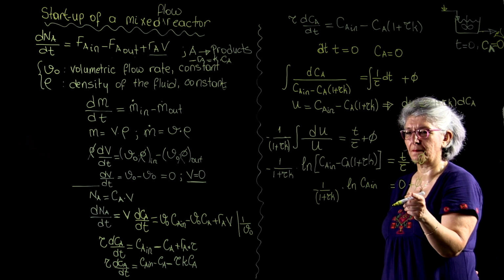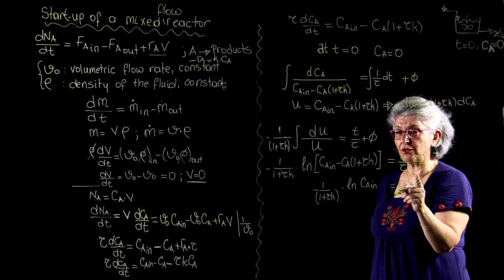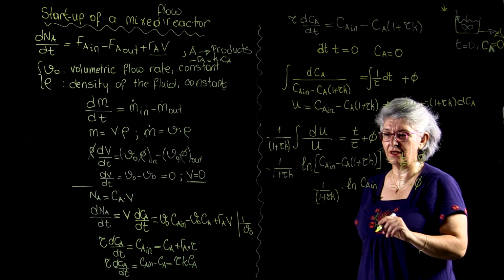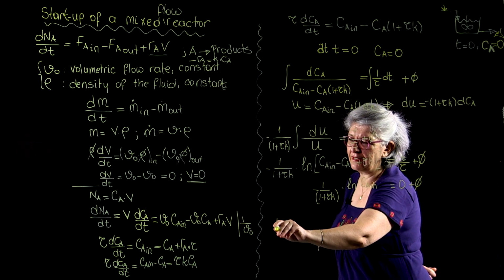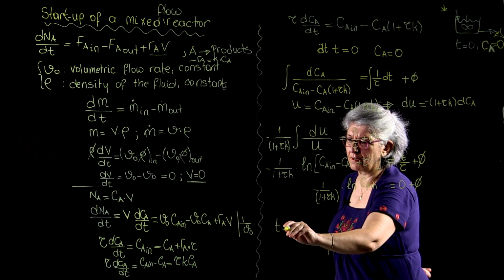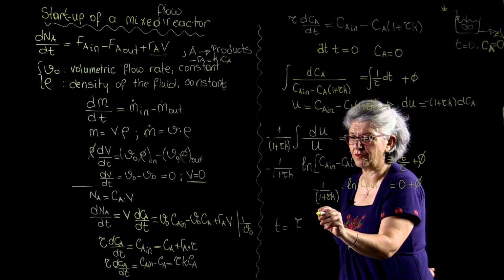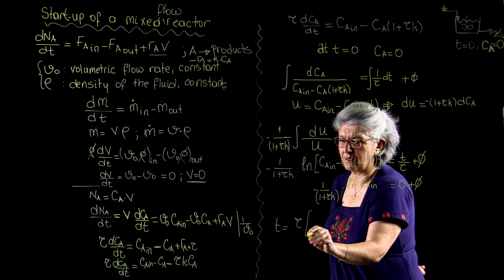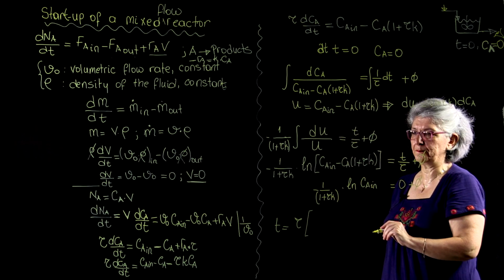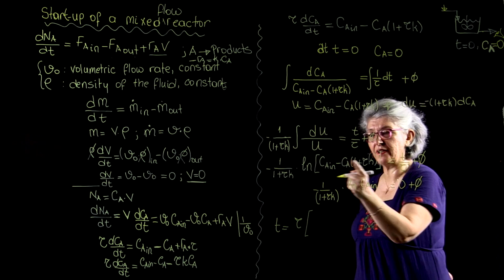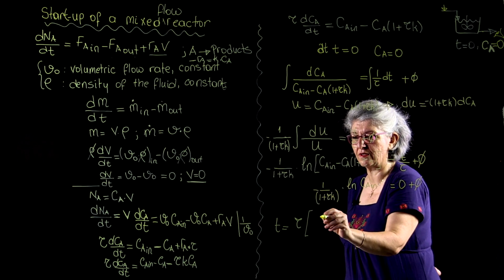Right? So I substitute this for phi, and I have an expression for t. t is equal to tau. I carried this to the other side of the equation, and when it is carried to the other side, it lost this minus sign.